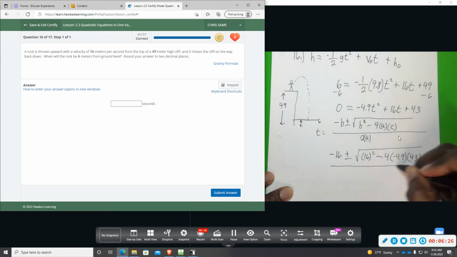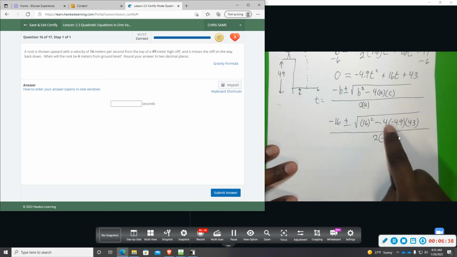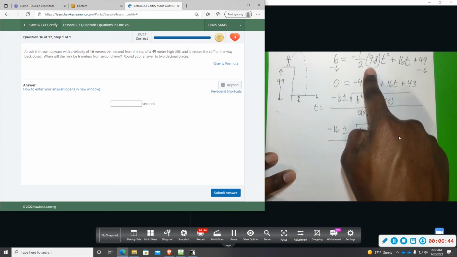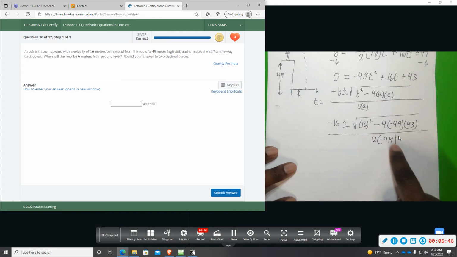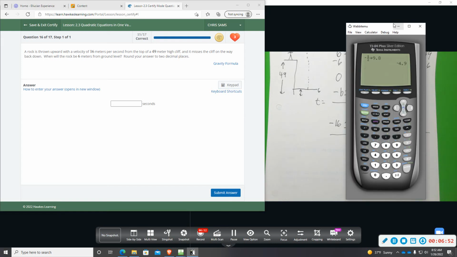And then all of this is divided by 2 times negative 4.9. Alright, so I'm going to let the calculator plug into all of this, and I'm going to simplify it at once. So I'm going to plug all of this that's under the square root into the calculator. Double this when I multiply times 2, it's the same thing as what we started with when we took half of it. So 9.8 is going to go back to what we originally started with. So some of this we know, but let's let the calculator do the heavy lifting at this point.